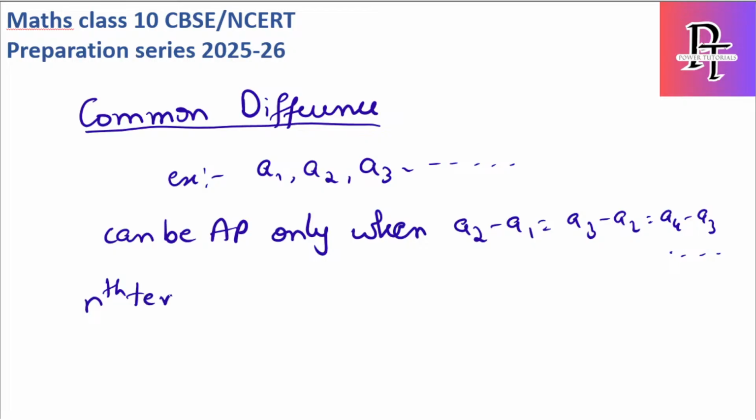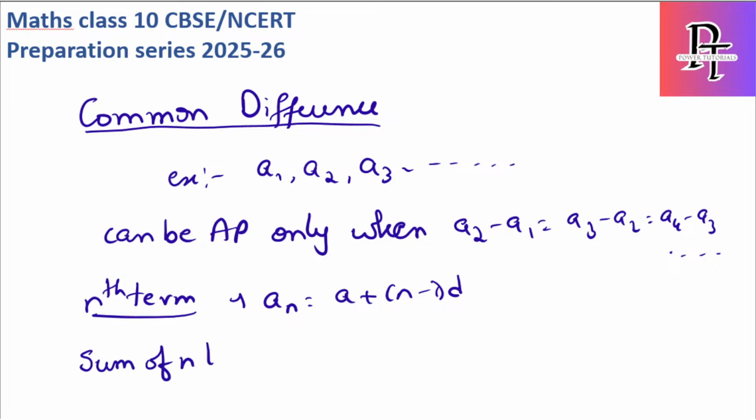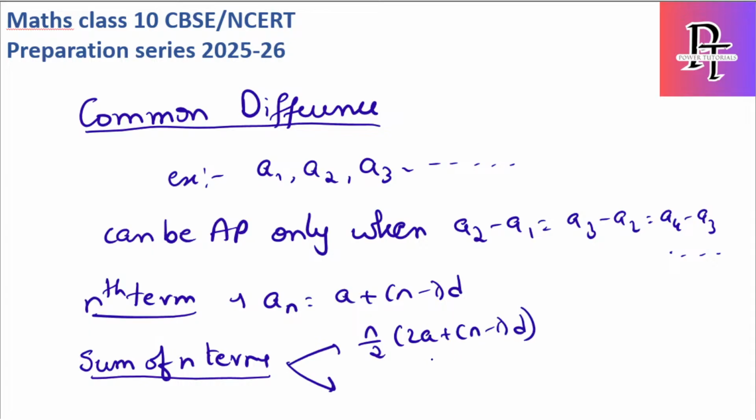Second, the nth term. How to find the nth term of an AP series, which is an or tn. The formula is a plus n minus 1 into d, where a is the first term, n is the term which they are asking for, and d is the common difference. Then we have the sum of n terms, for which we have two formulas. First one is n by 2 into 2a plus n minus 1 into d, where we have the nth term and common difference.